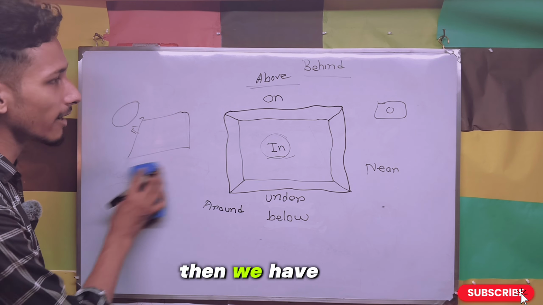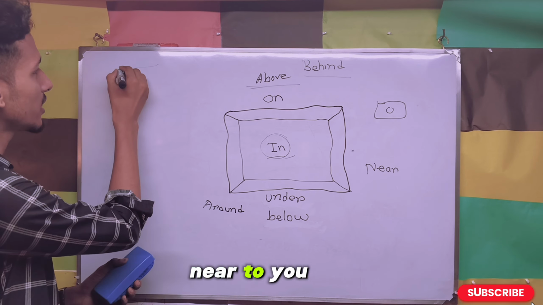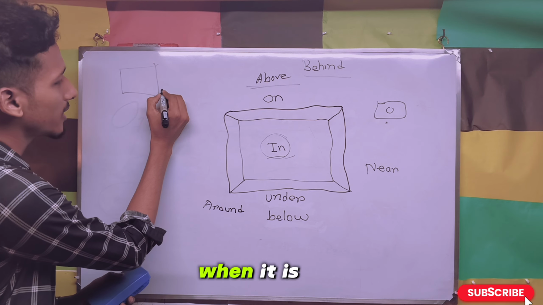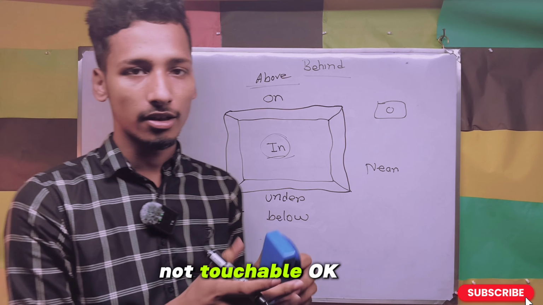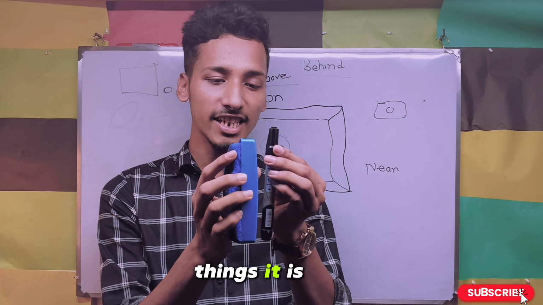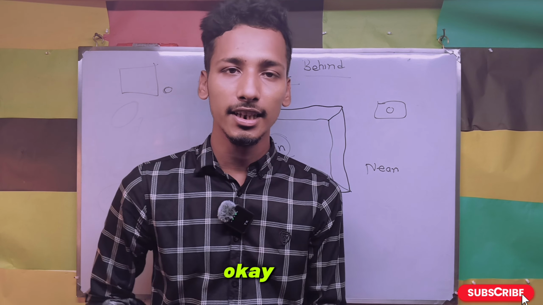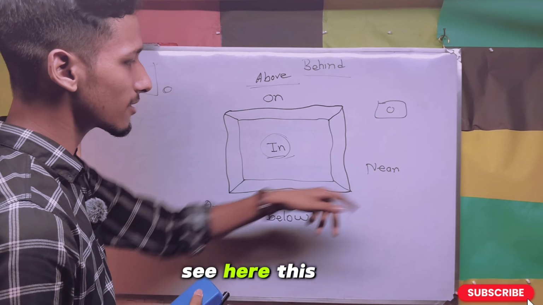Okay, then we have "near". When it is near to you, near is very important. Suppose it is very near but it is not touchable. In this way we can use near. So you can see here, this is near.